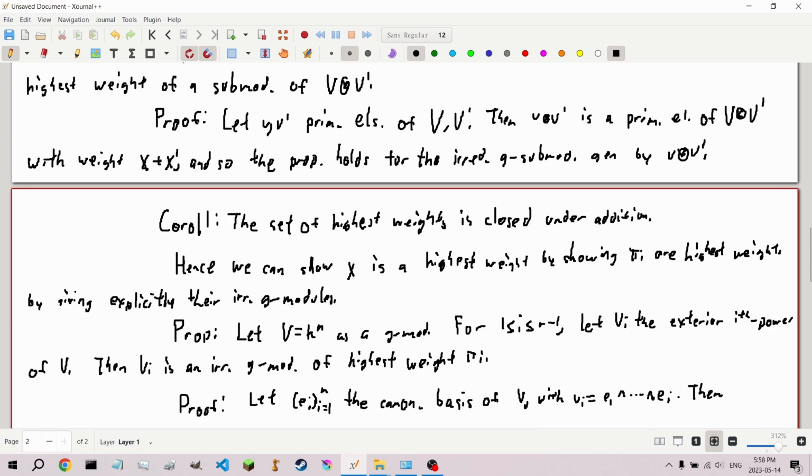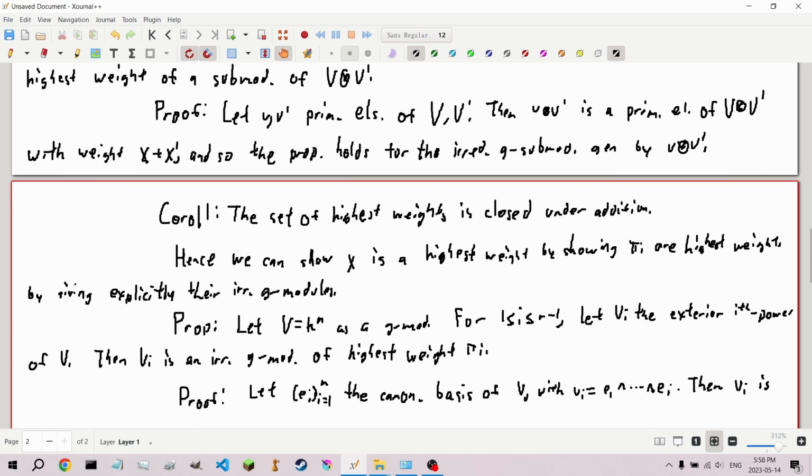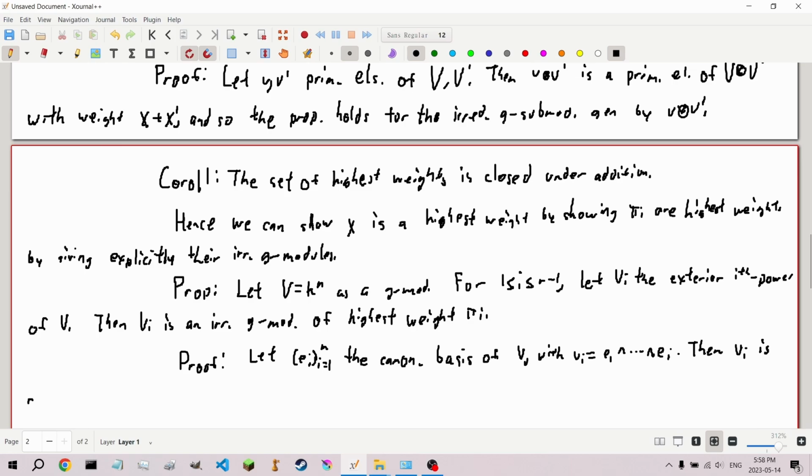Then by computation, v_i is a primitive element of V_i of weight pi_i.